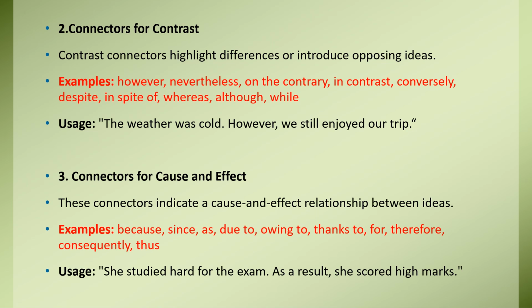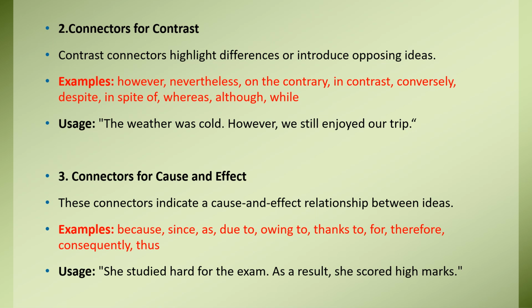Next we have connectors for cause and effect. These connectors indicate a cause and effect relationship between ideas. For example, because, since, as, due to, owing to, thanks to, for, therefore, consequently, and thus. She studied hard for the exam.